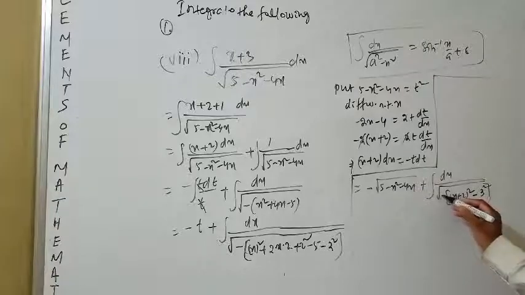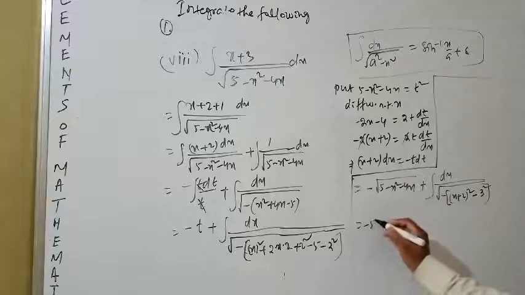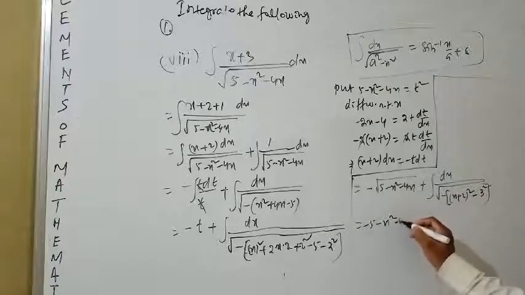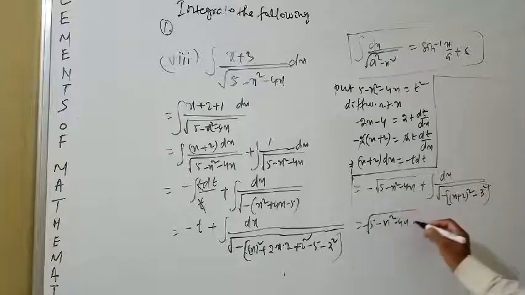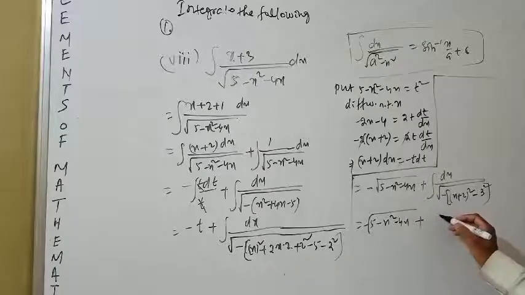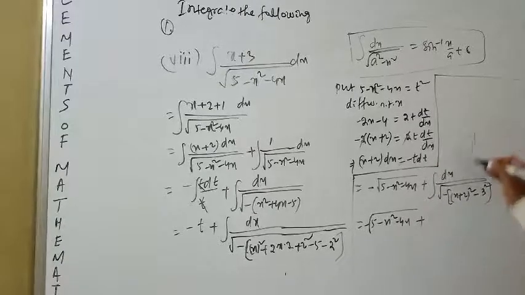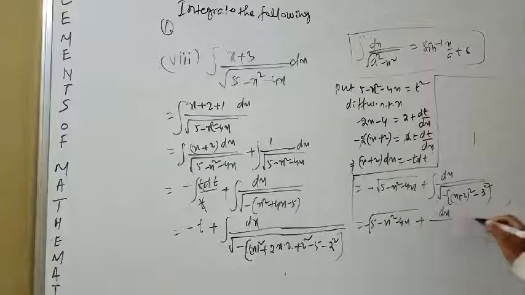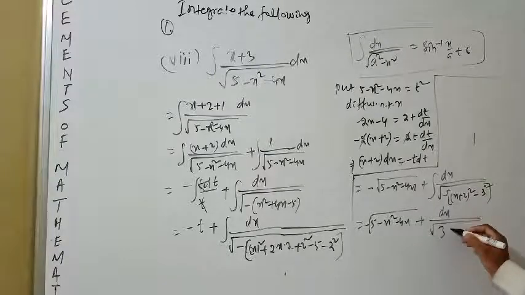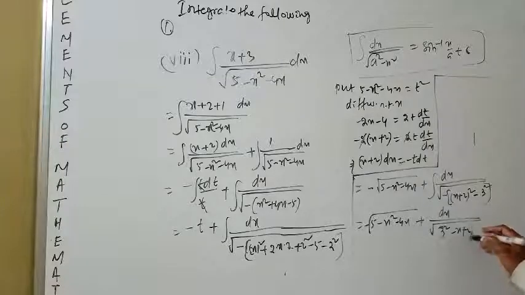Now you multiply with minus here, and you get minus root over 5 minus x square minus 4x, plus, now you put, dx by root over 3 square minus x plus 2 whole square.